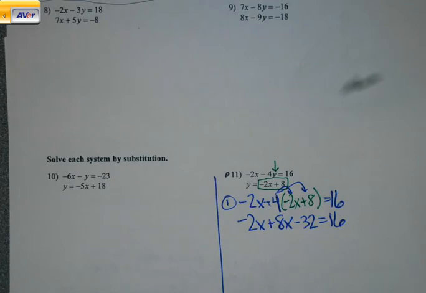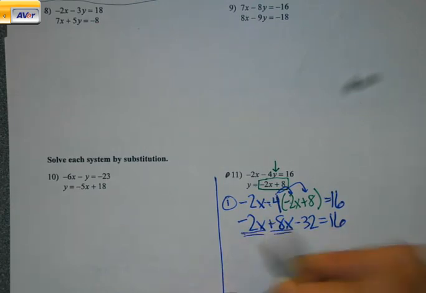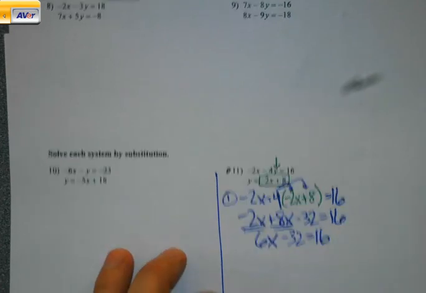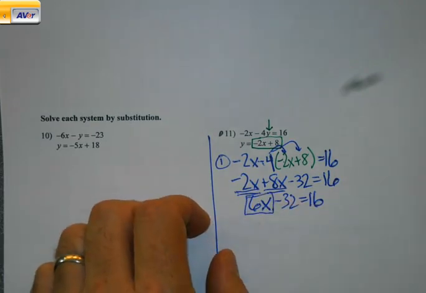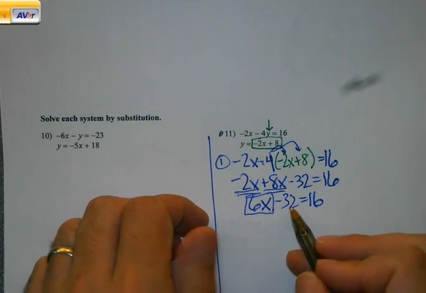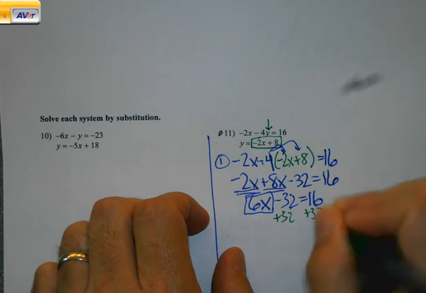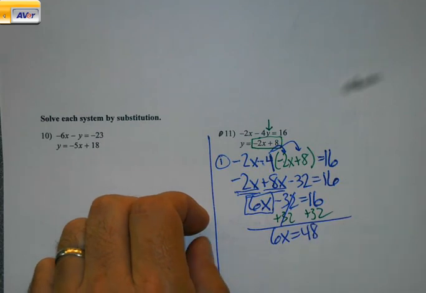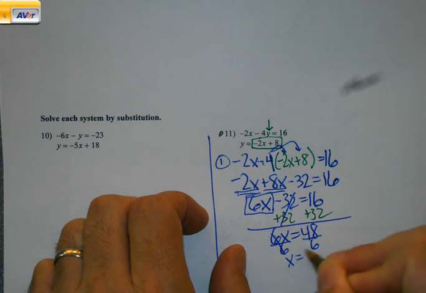And now it's just watching for the basics, like my x's, they're on the same side of the equals. Don't do opposites with these. And we just go now into mode of what's being done to x, opposite of minus 32. Divide by 6.